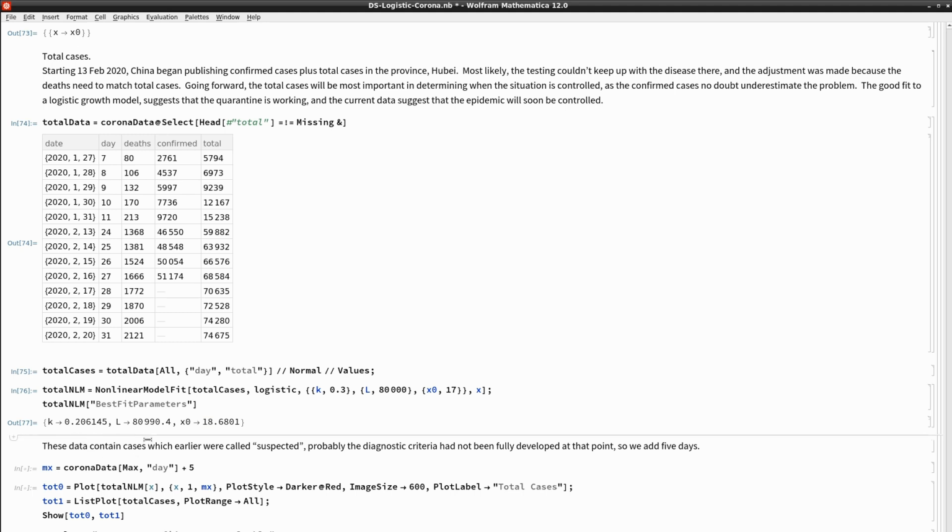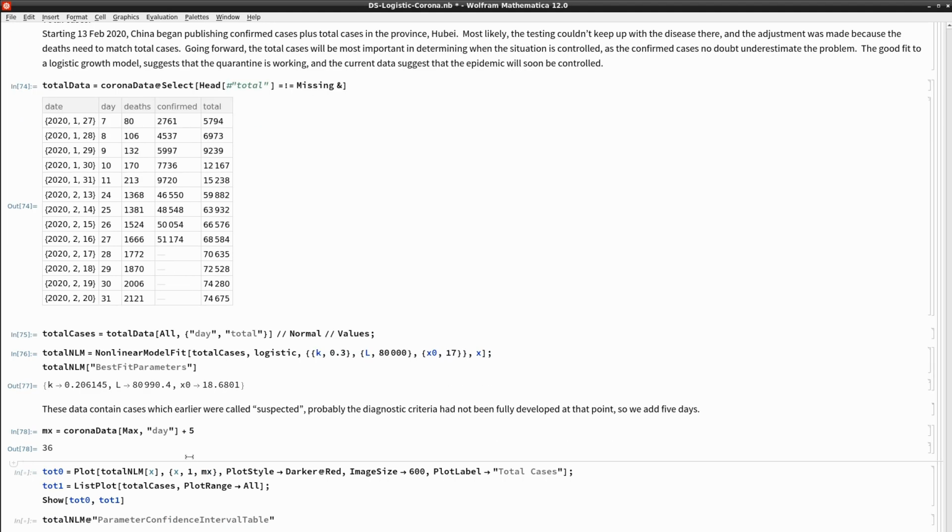These data now contain cases which earlier were called suspected. Probably the diagnostic criteria had not been fully developed, and I'm adding 5 days because we want to have a proper data range to the upside as well for that.